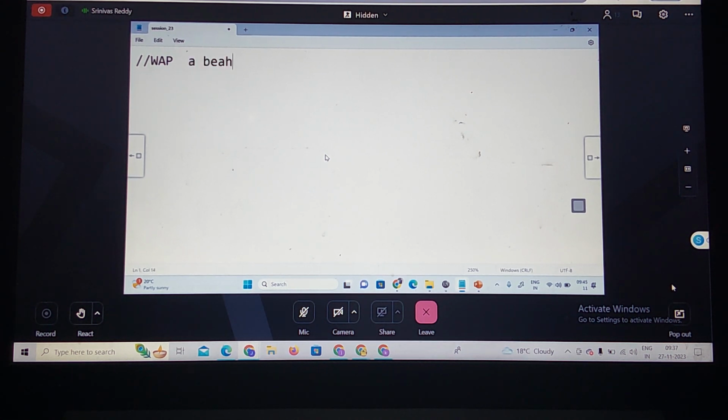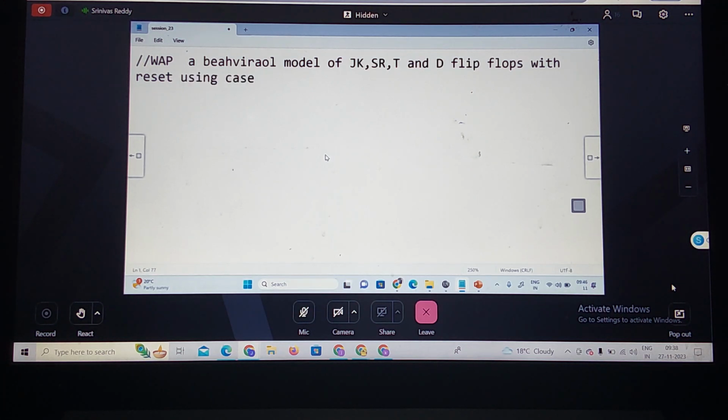So write a behavioral model of JK and SR flip-flop. JK, SR, T and D flip-flops with the reset, using case statement.